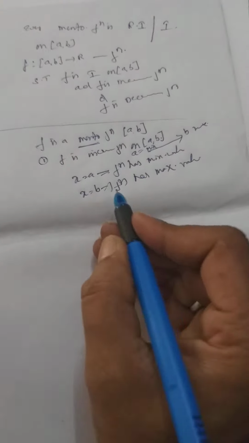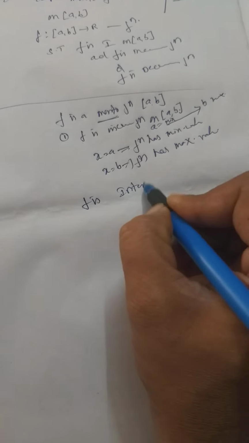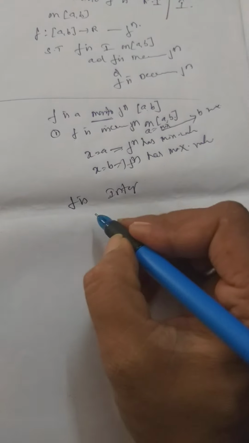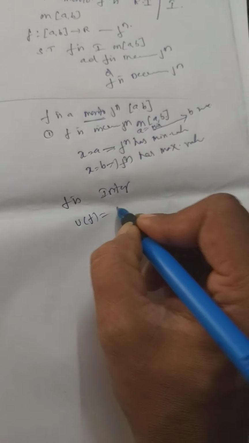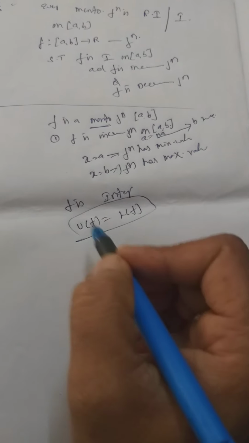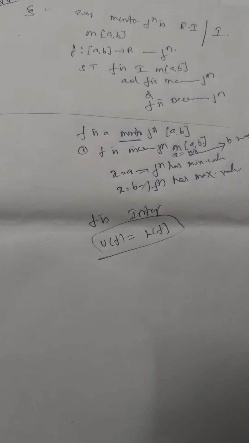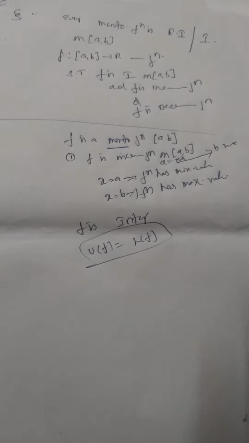Now see, we have to show that f is integrable. f is integrable means U(f) is equal to L(f). What is the condition? If the lower Riemann integral is equal to the upper Riemann integral, then we can say that f is integrable.